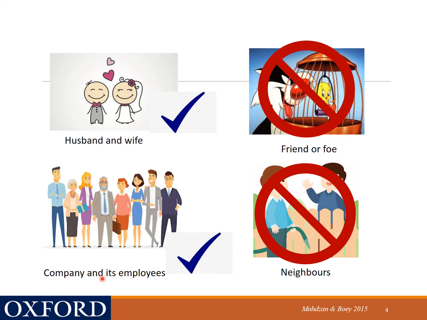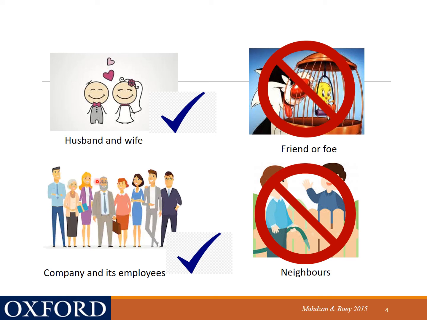And what about a company and its employees? Yes, there is insurable interest because the company depends a lot on their employees to work and to continue the operations of the company.